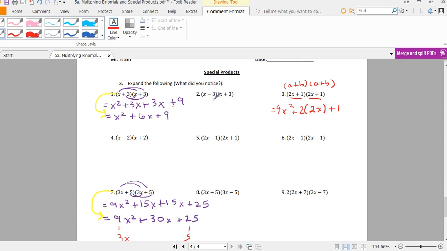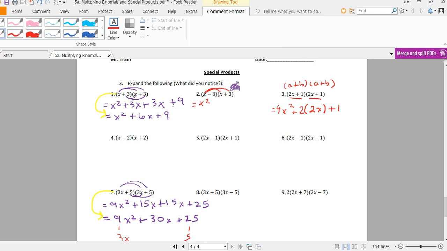Now, if I look at these two, are they the exact same? They are not. In fact, they are similar. The only difference is that the signs are different. Okay, let's see what happens when we expand this guy. If I multiply the first term with the first term, x times x is x squared.